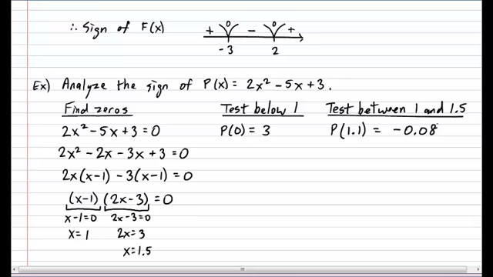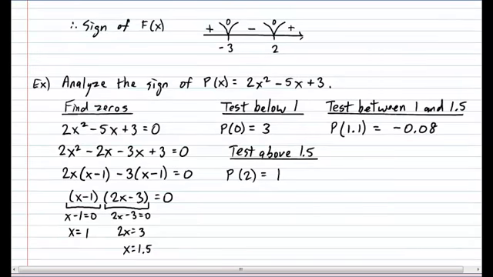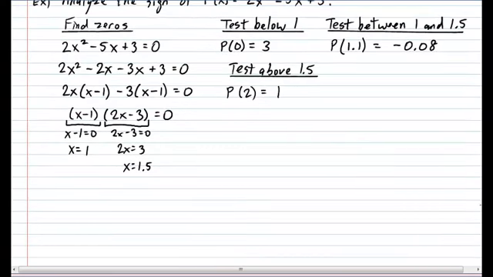Feel free to correct me if I'm wrong. And let's test above 1.5. Alright, so for argument's sake, let's see what the value of p will be when x is 2. I believe I did calculate correctly. It gave me a positive result. So, I believe I have more than enough information to form my conclusion.